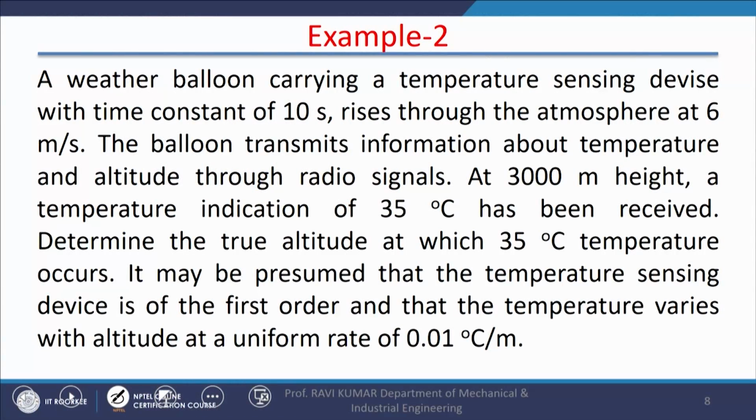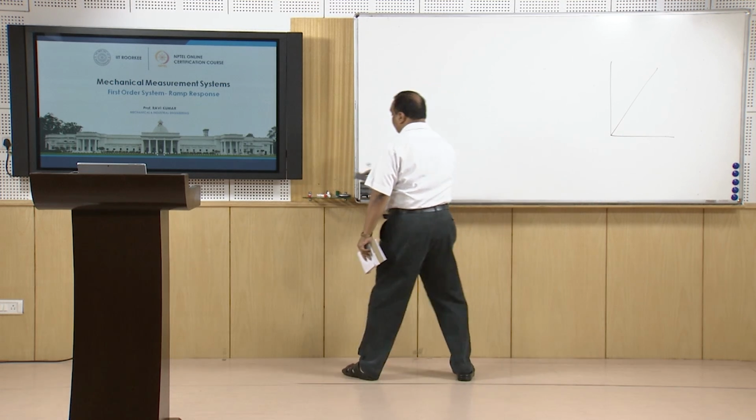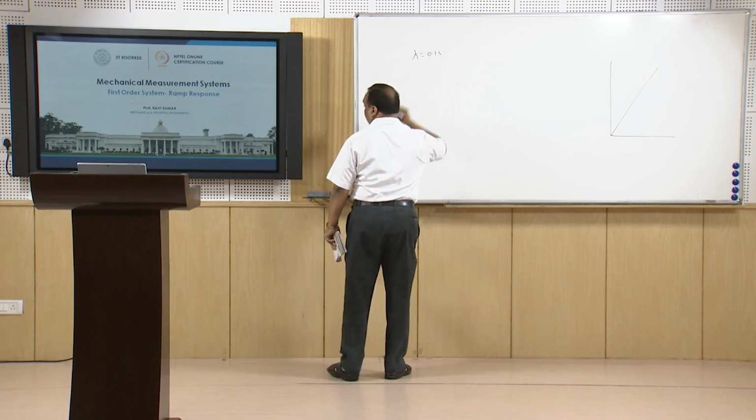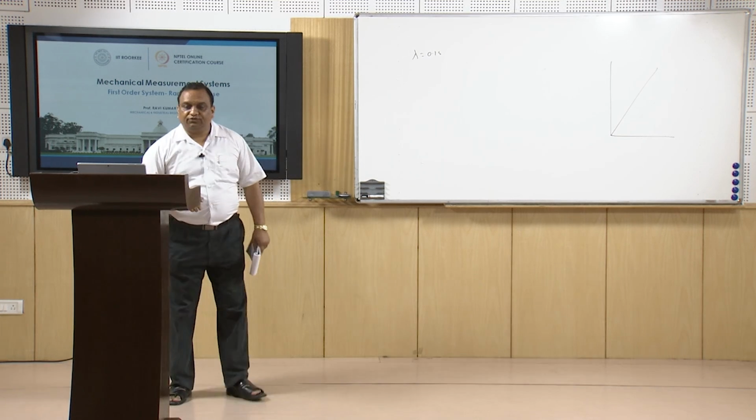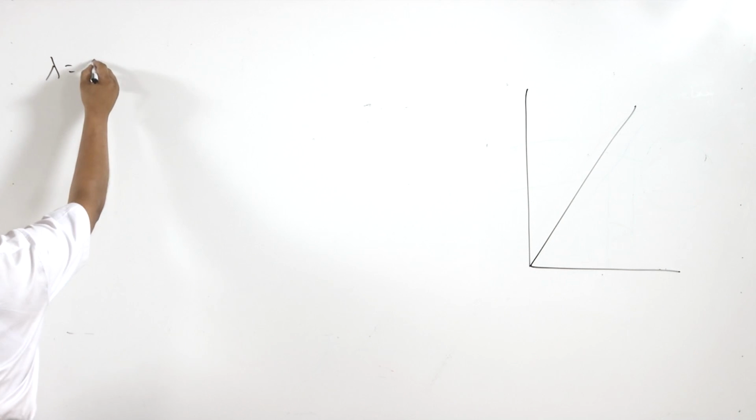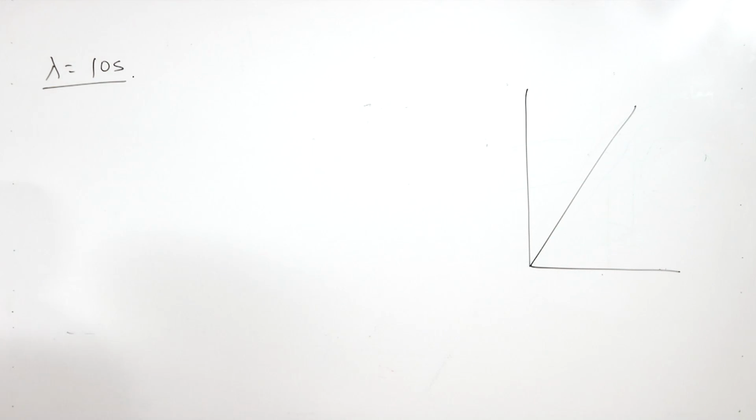A weather balloon carrying a temperature sensing device with a time constant of 10 seconds. So weather balloons are used to find temperatures at high altitudes. There is a weather balloon which has a temperature sensor and it has a time constant of 10 seconds, and the balloon is rising.